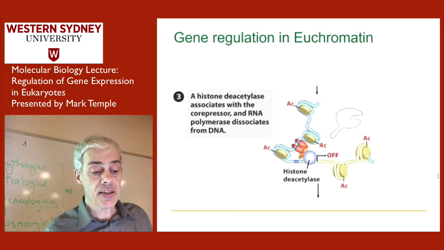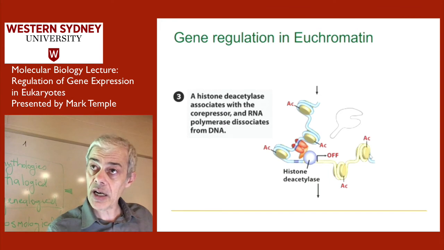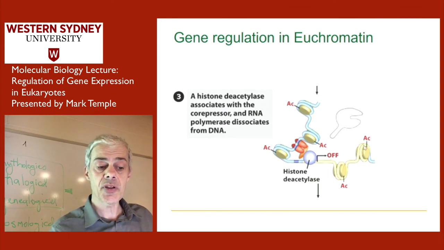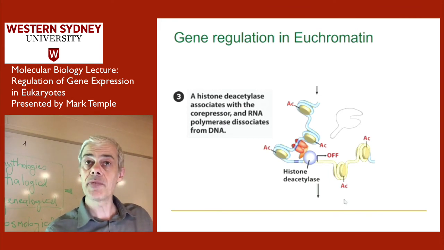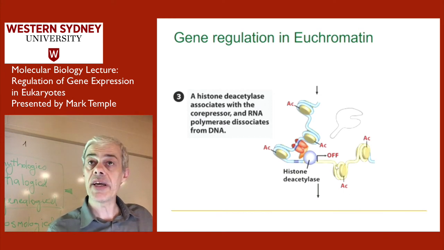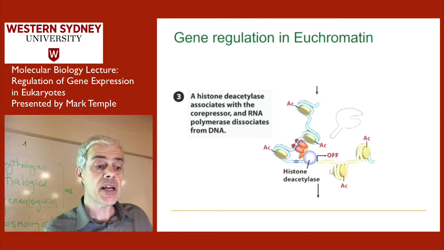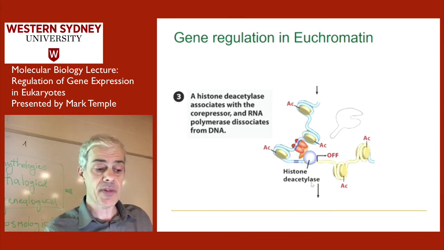The deacetylase will take those acetyl groups away from these lysine side chains. Those lysines become positively charged again, like a normal lysine, and then they're able to more strongly interact with the DNA, causing repression and turning off of that gene.